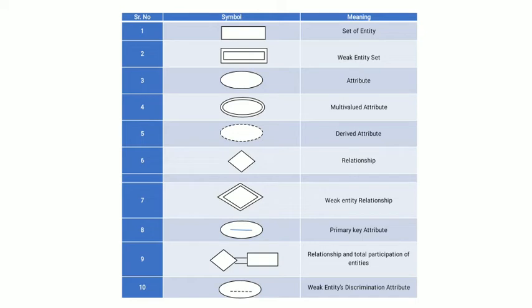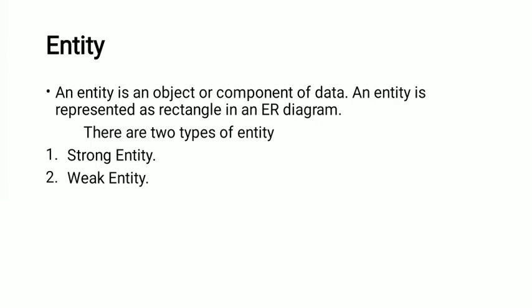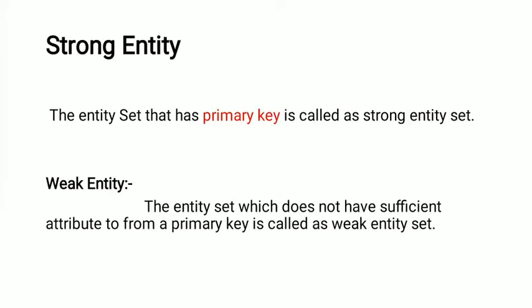As I said, an entity is an object or component of data. An entity is represented by a rectangle in an ER diagram. There are two types of entity, strong entity and weak entity. A strong entity set is an entity set that has a primary key. Suppose in my ER diagram, roll number is my primary key.